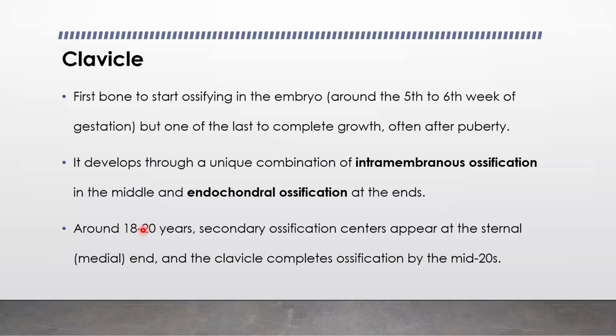Around the age of 18 to 20 years, the secondary ossification centers appear at the sternal, that is the medial end, and the clavicle completes ossification by the mid-20s. So at the age of 25, 26, that's when the clavicle is fused.